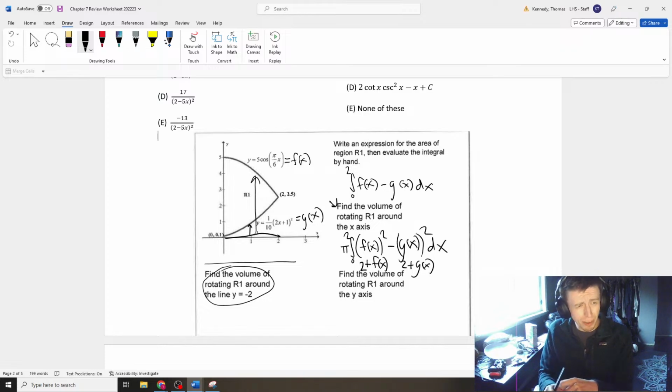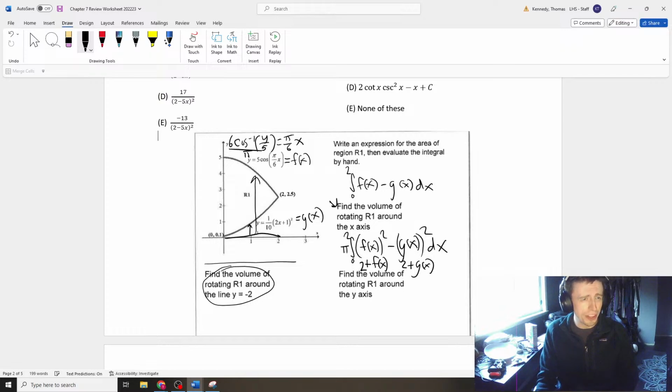And then rotating around the y-axis, that's where things get a little bit ugly, because you actually have to solve these equations for what x equals, because the y-axis, you want to get it in terms of x. So you have to get inverse cosine of y over 5, pi over 6 x, and then you just divide by pi over 6, 6 over pi.